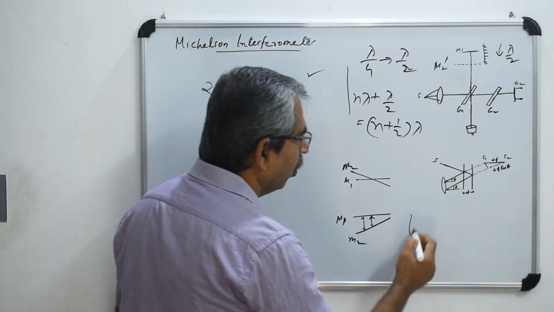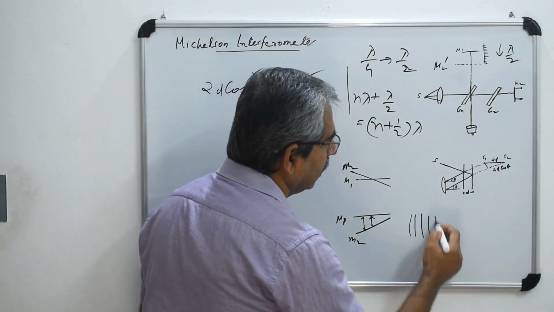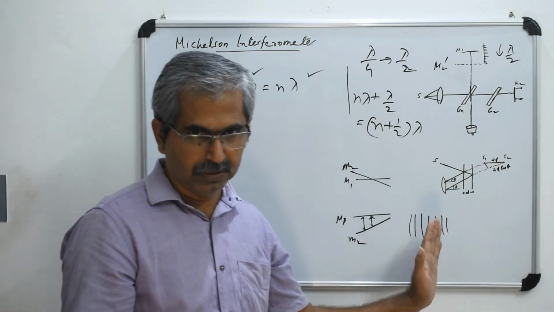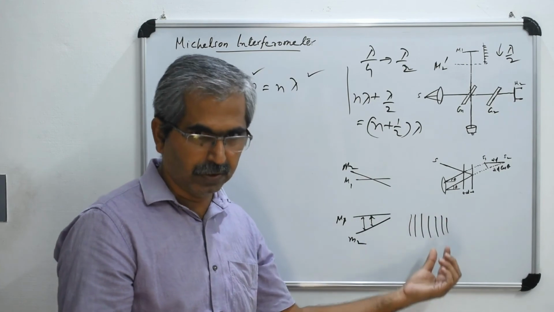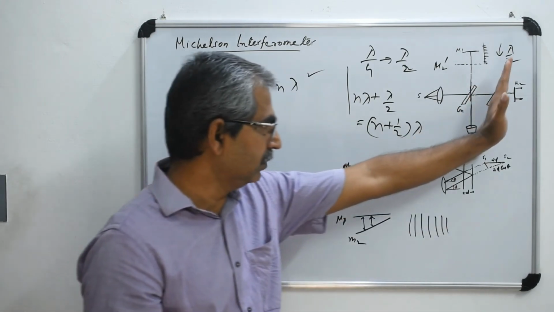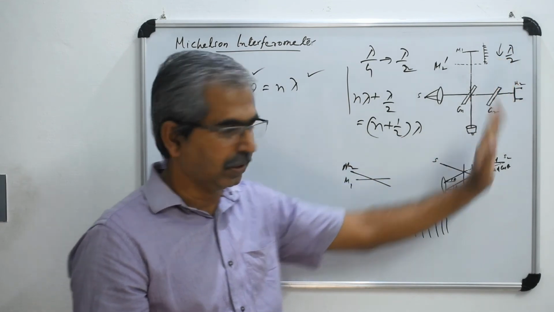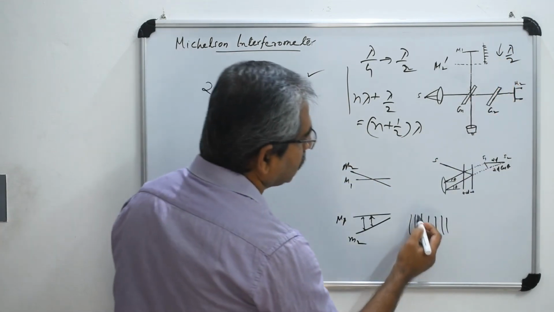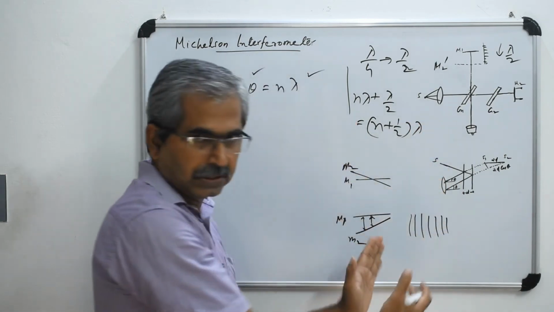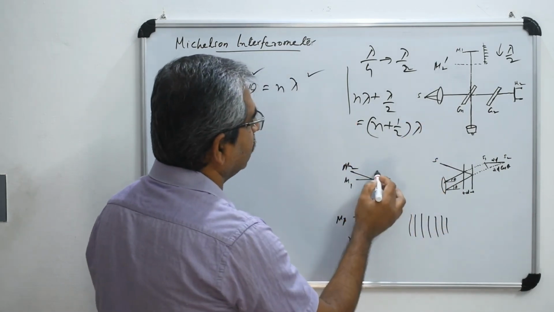That will be localized fringes like this. Okay, you have straight lines. Straight interference bands or lines will be obtained, and that is the case when one of the mirrors is tilted. So you get equidistant interference bands in this situation.